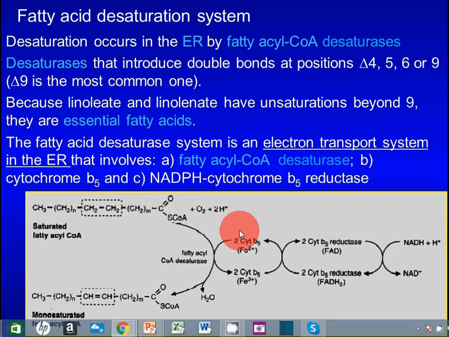For example, the single bond in this fatty acid is oxidized to a double bond, while oxygen is reduced to water. This reaction requires oxidation of cytochrome b5. To recycle cytochrome b5, cytochrome b5 reductase is oxidized. To recycle cytochrome b5 reductase, NADH is oxidized.